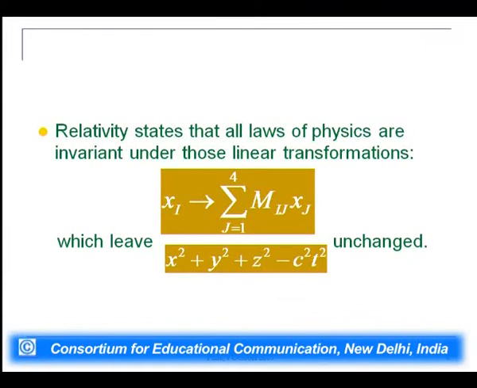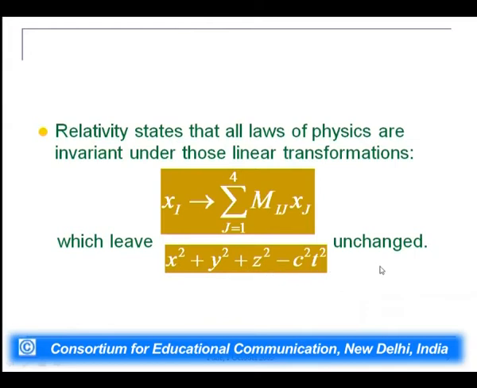In the other concept, he defined that relativity states that all laws of physics are invariant under those linear transformations. That is, x_i' = summation over j from 1 to 4 of a_ij x_j, which leaves x square plus y square plus z square minus c square t square unchanged.